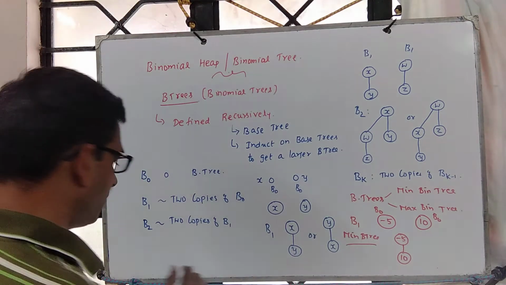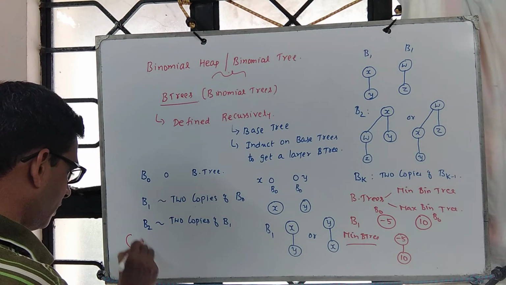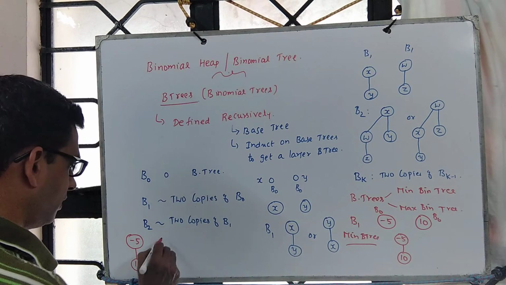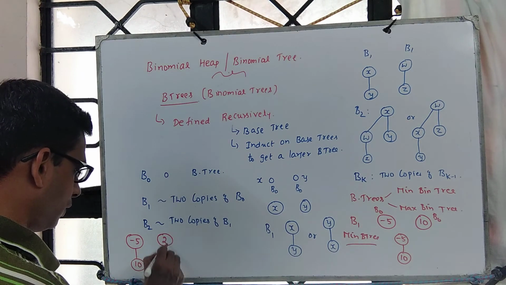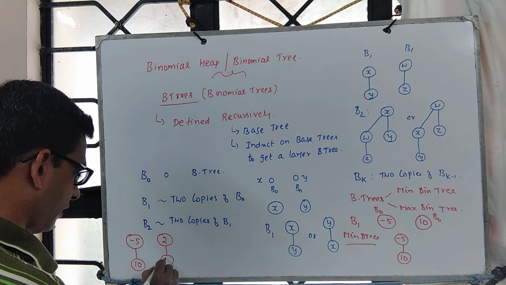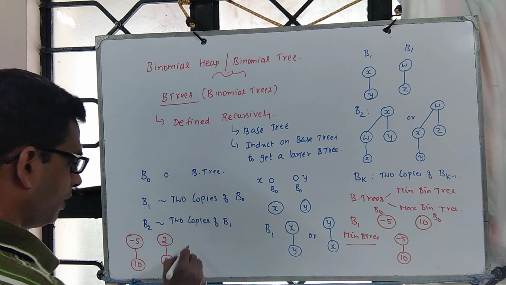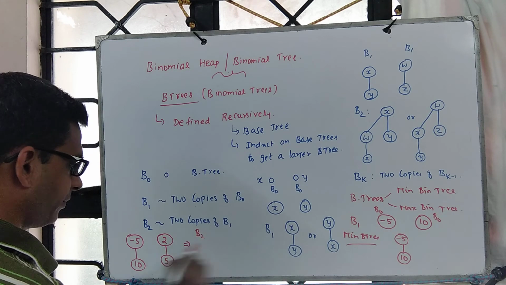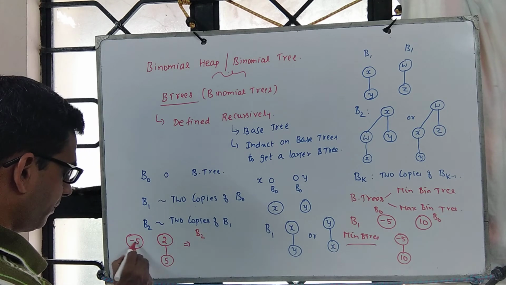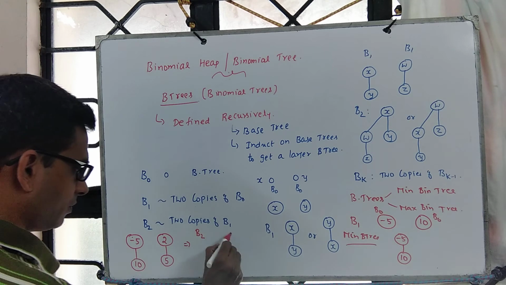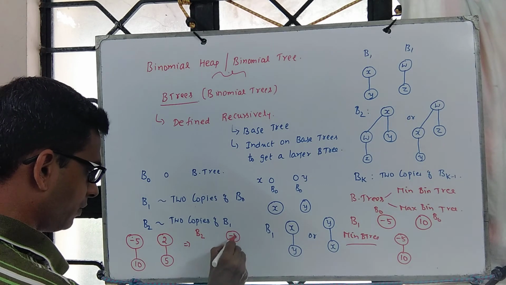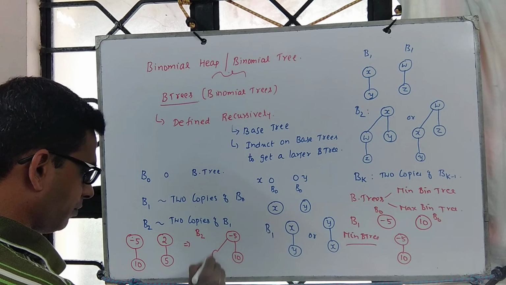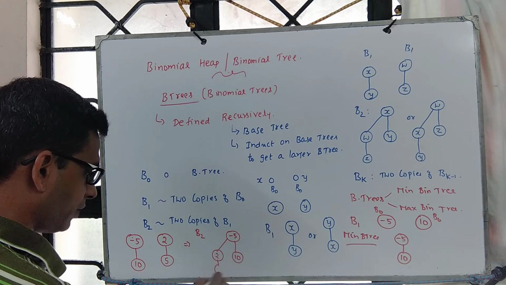So now you have two copies of B1, say -5 and then 10, and something else, say 2, and below that 5. Now we want to construct a copy of B2, a minimum binomial tree. We look at the root. This has the minimum, so the root of B2 is -5, and below that we get 2 and 5.